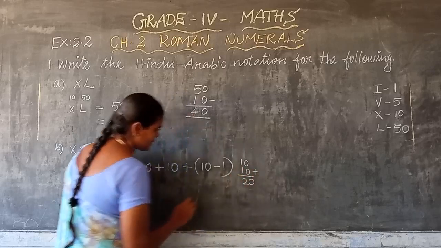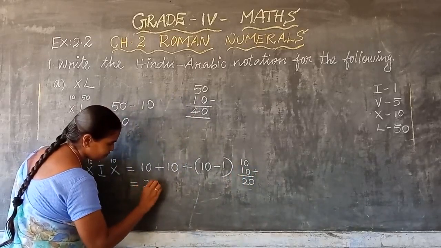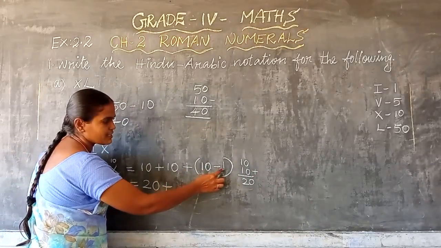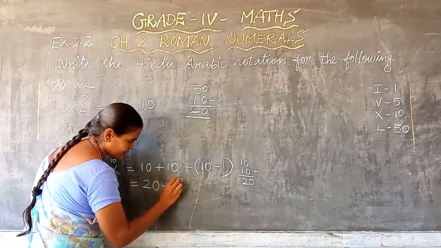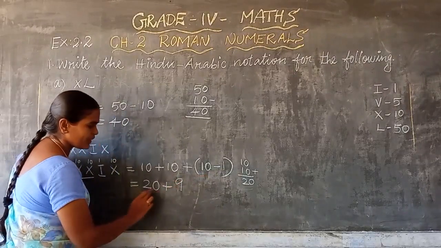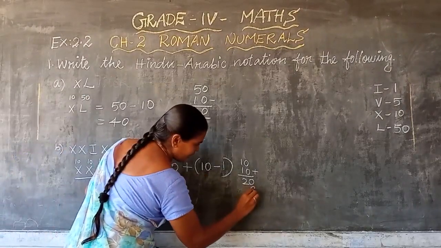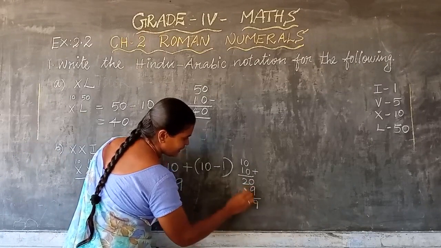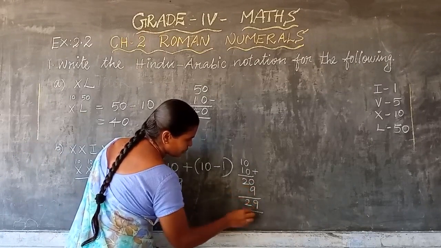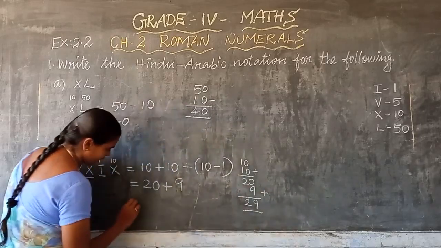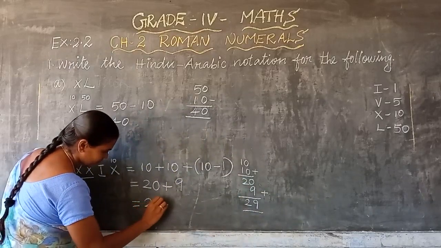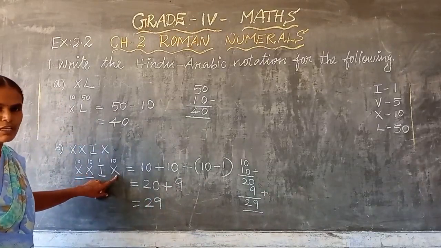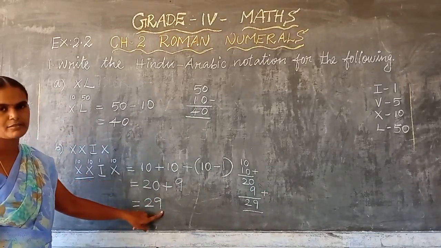So we get the answer 20. Plus 10 minus 1. 10 minus 1, we get the answer 9. So 20 plus 9. 0 plus 9 is 9, then 2. No number, so write it down. We get the answer 29. So XXIX value is 29. Okay.